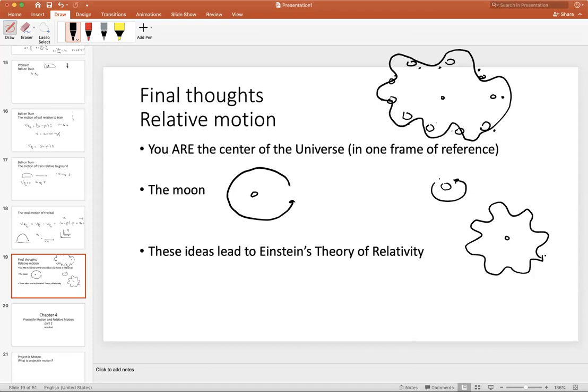This idea of a train car with all the windows closed and the ball going up and down is actually the basis that leads into Einstein's theory of relativity, and why the speed of light is a constant, and what is actually going on with gravity.